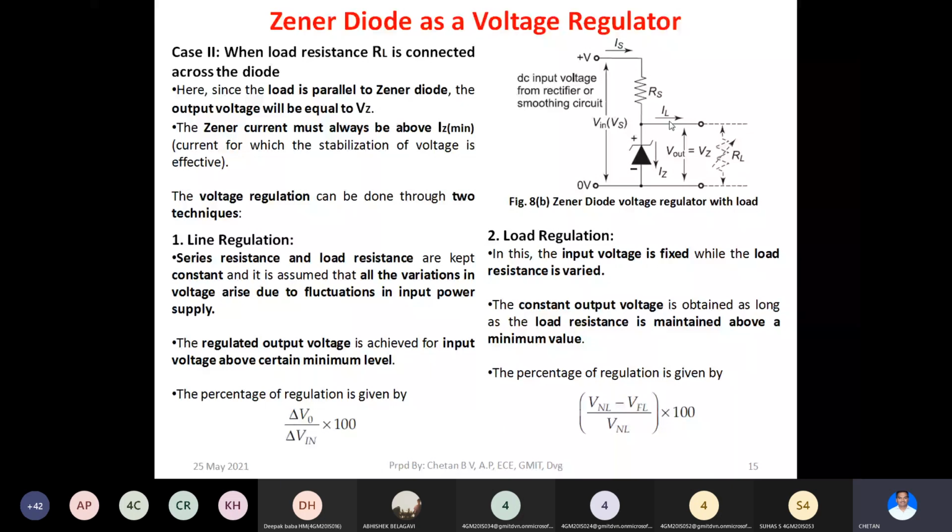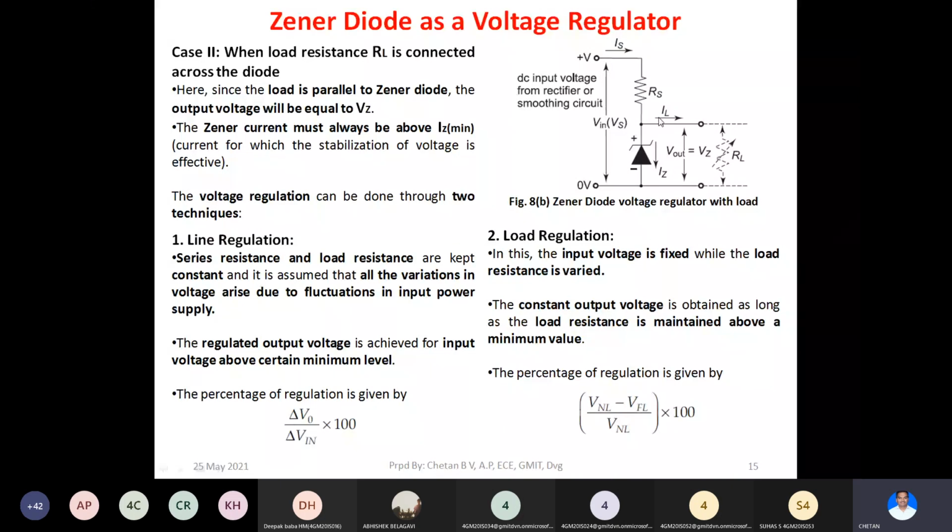If you are going to increase this RL, obviously the IL value should decrease, right? As Is is the sum of Iz and IL, but because of this decrease in IL, Is cannot decrease.